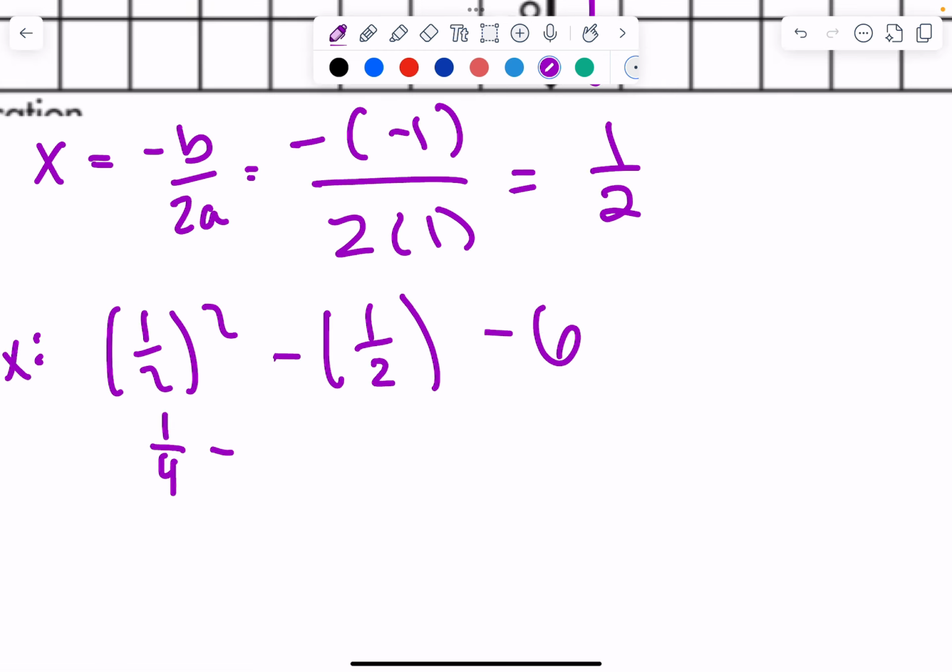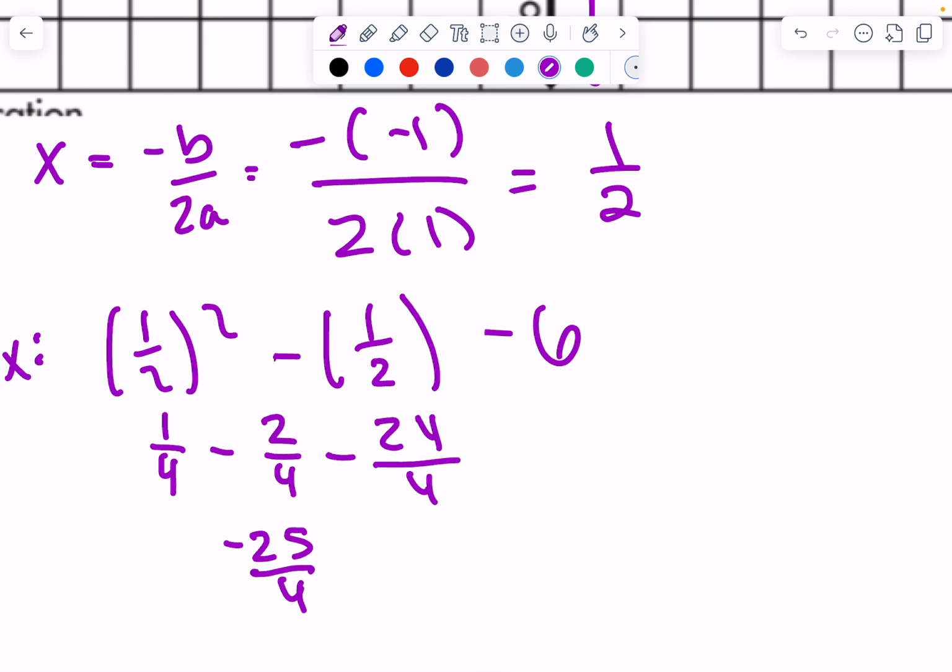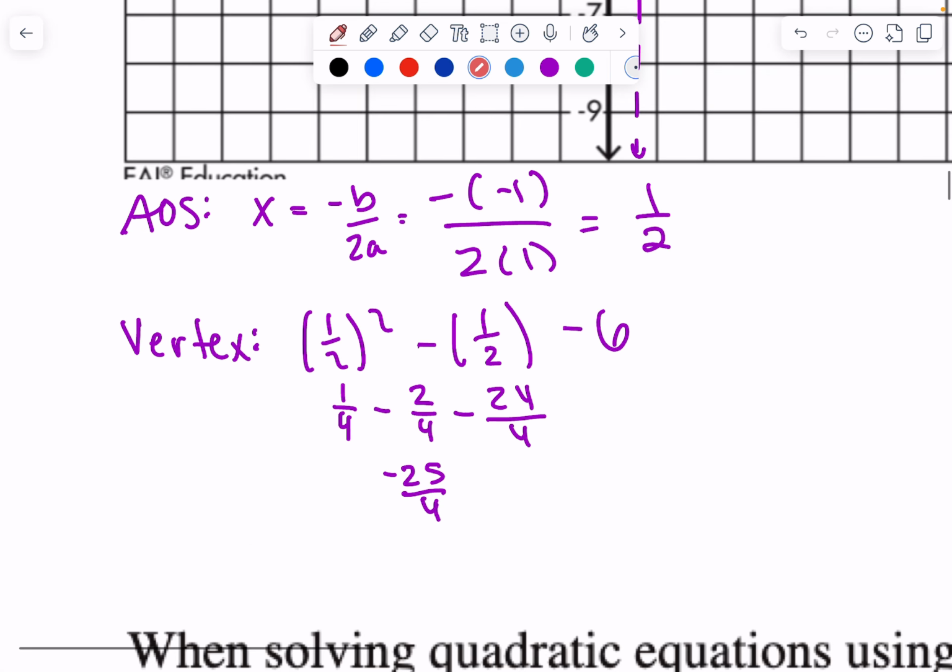I want to get common denominators, so I'm going to just immediately change this to 2/4. Same with this. I want it to have a denominator of 4, so I'm going to convert that to 24/4. Okay? So when I add all this together, I'm going to get negative 26 plus 1, negative 25/4. So that means that the vertex for this function is located at 1/2, comma, negative 6 and 1/4.